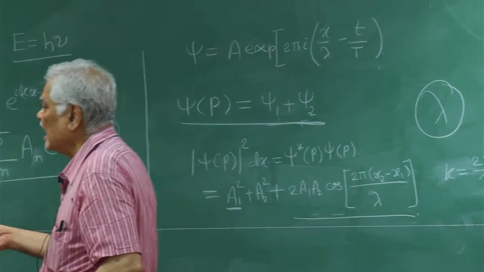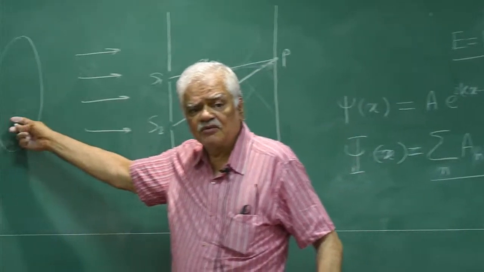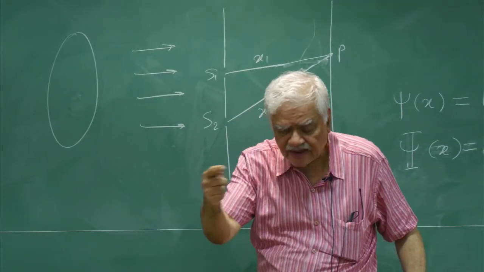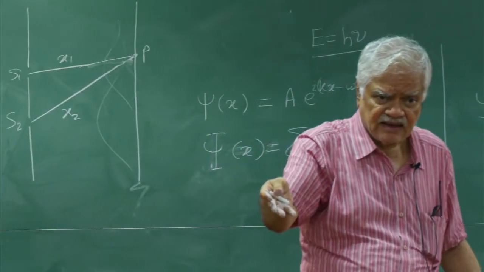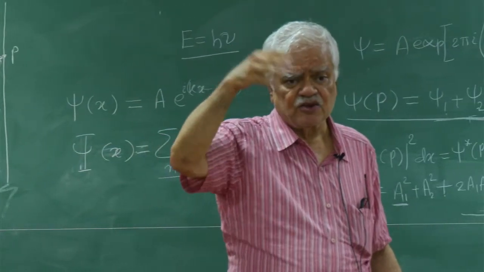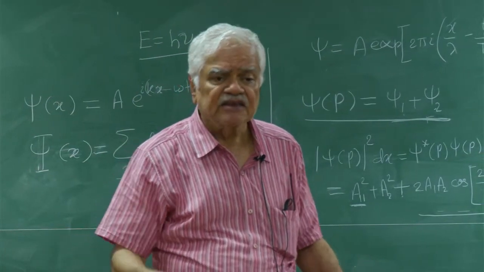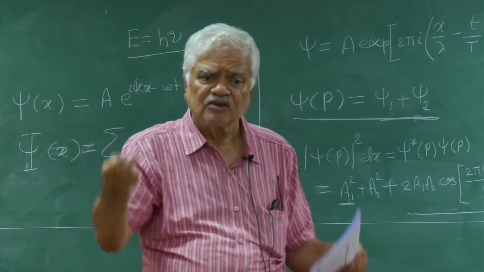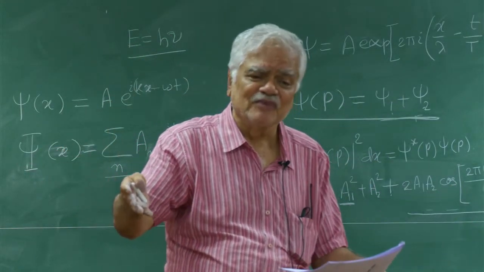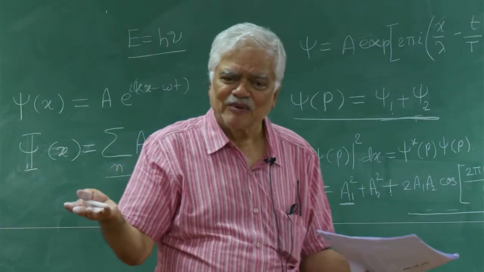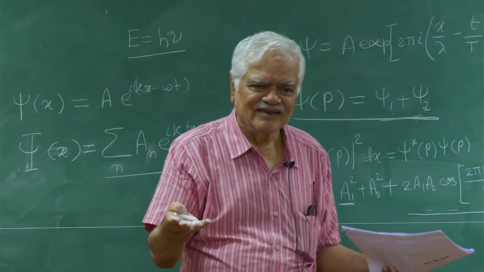I have a source which is emitting successive electrons at a time interval of 10 to the minus 3 seconds, and the speed of the electron is 10 to the 8 meters per second. That means the distance between two successive electrons is 100 kilometers. The equipment is much smaller than that, so no problem.